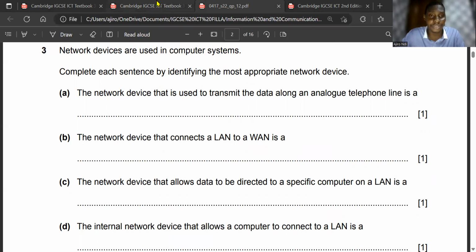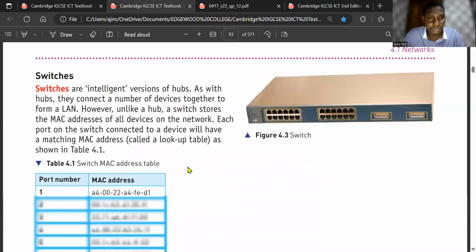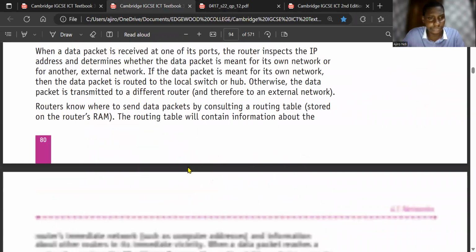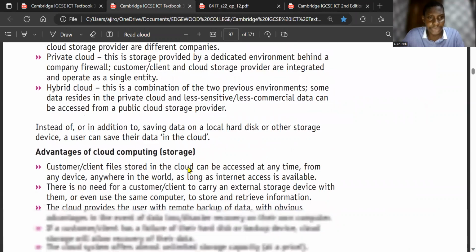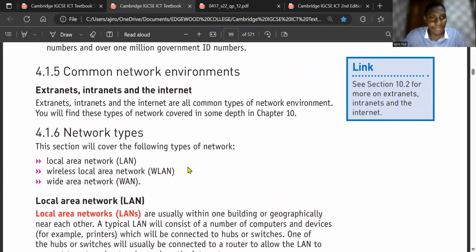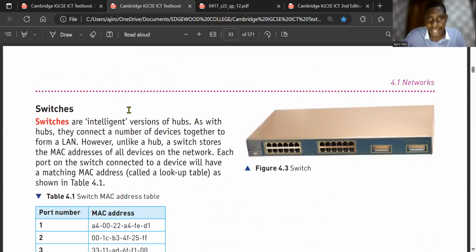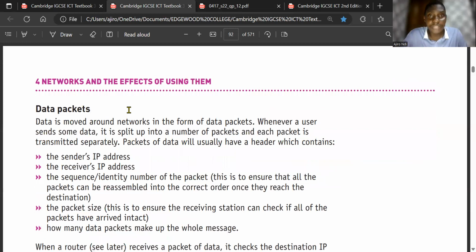Let me show you, you see it here. Look at it. Can you see it? Network types. We have the local area network, we have the wireless local area network, and the wide area network. But now they're talking about network devices. So which network device will connect a local area network to a WAN, which is the wide area network?